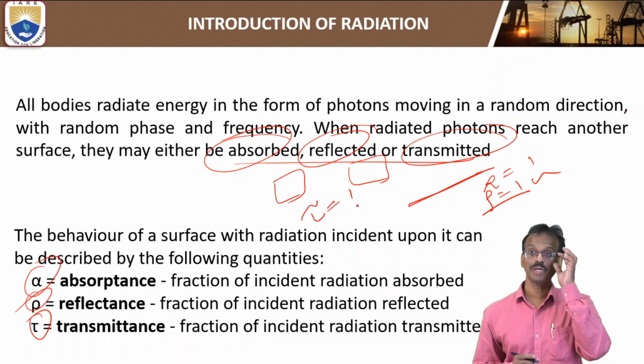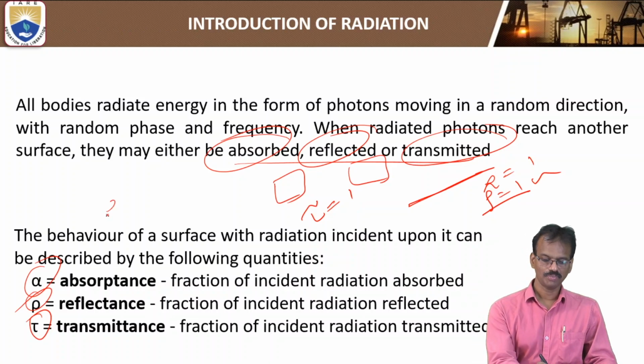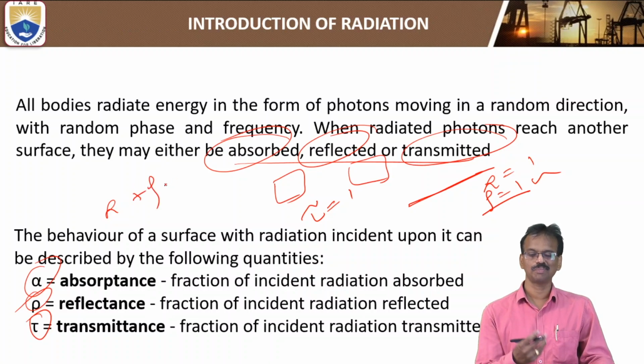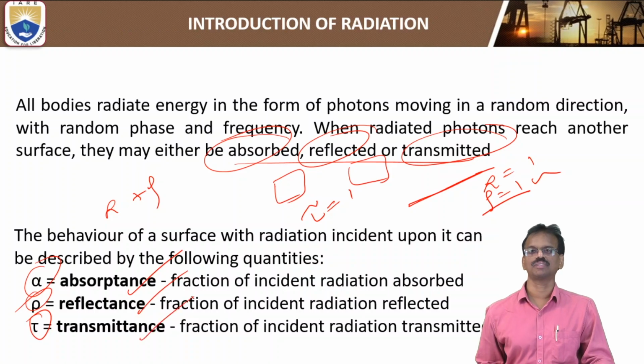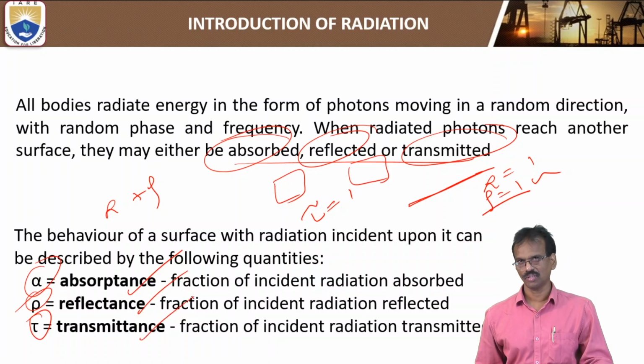If you consider opaque bodies, just like metal surfaces, some absorption is there, some reflection is there, but there is no transmission. Some bodies you can observe some portion of absorption, some portion of reflection, some portion of transmission. These things were also covered in the previous class.